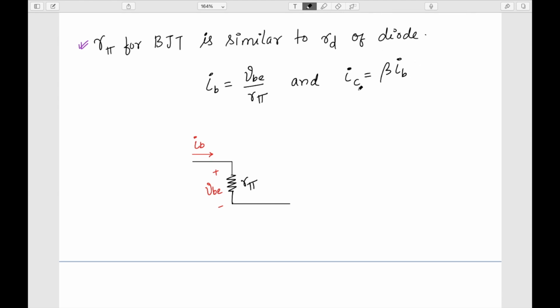This can be represented by a current dependent current source, a current which is dependent on the other current IB. My IC is equal to beta times IB. So this is my current IC.